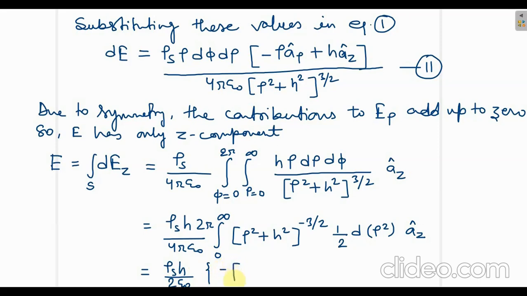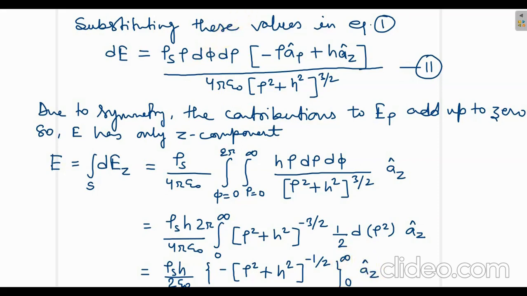this one is going to be the integration of minus 3 by 2 power, we all know, so rho square plus this h square, power will be minus 1 by 2. Okay, and the limit will be 0 to infinity and along this az.